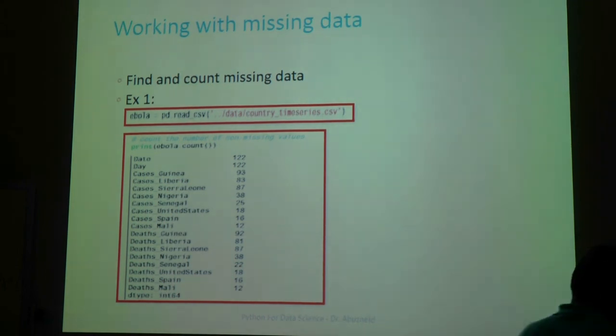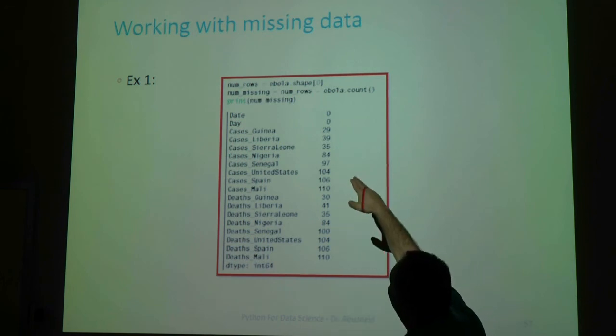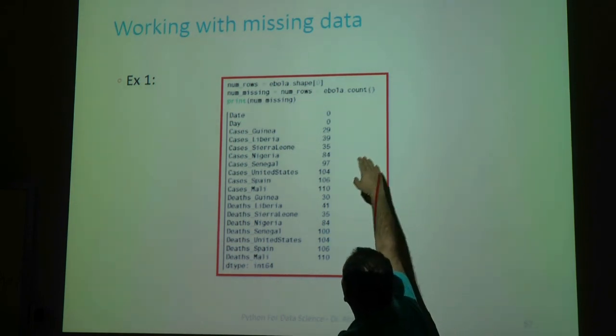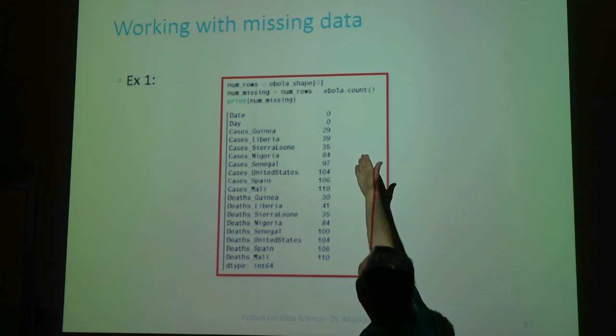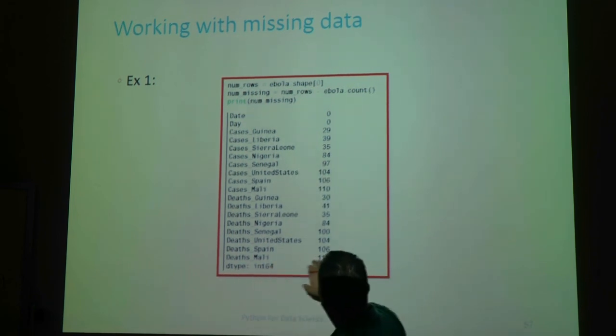Alright. Here, for example, working with the missing data, you subtract the total number of rows and the count. So how many missing for the date? 0. How many missing for the day? 0. How many missing for this one? 110.